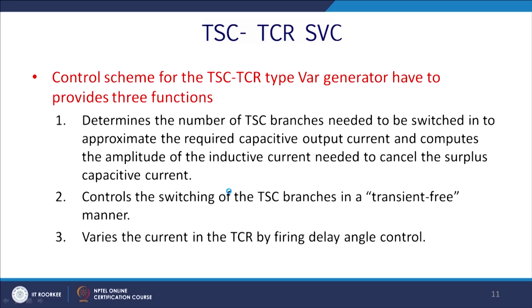Now the control scheme for the TCSC TCR type generator, and we will see how it can be controlled. First of all, we require to know the maximum VAR requirement of that particular site, and let us say we require 20 MVA.